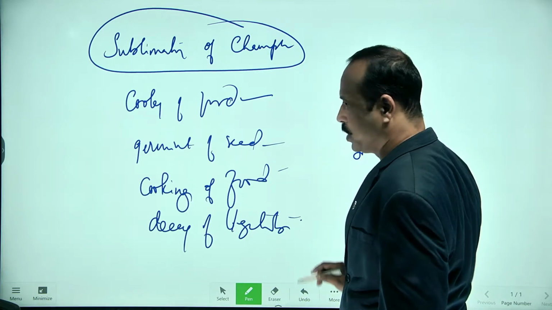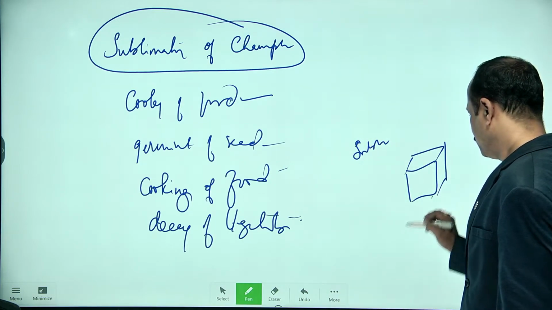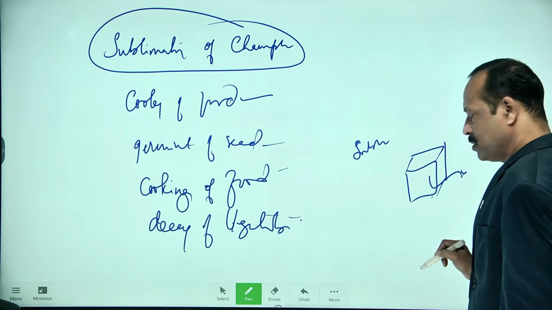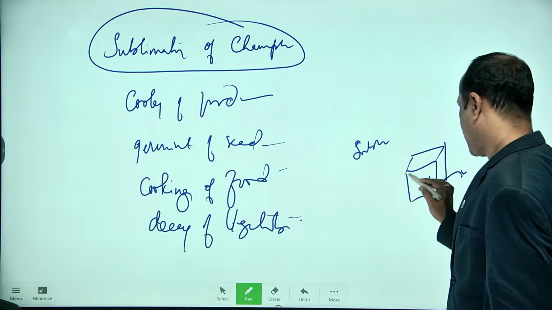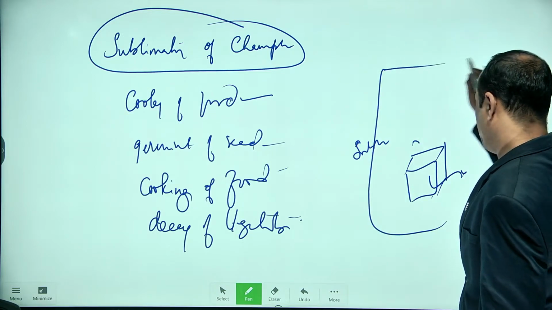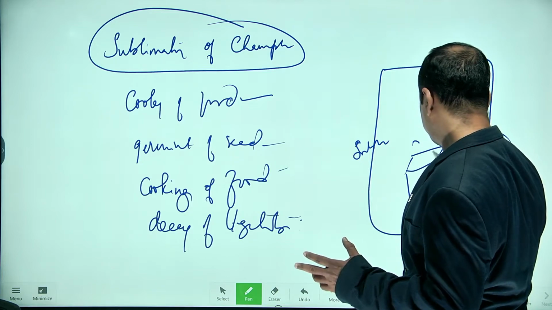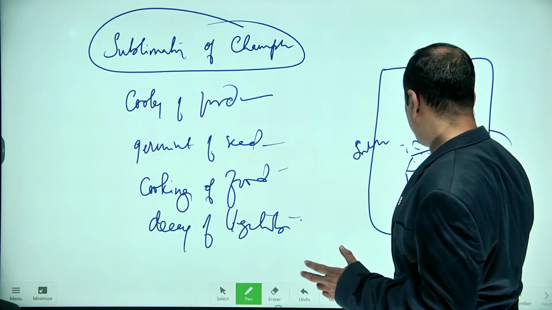Sublimation of camphor means what? If you put the camphor in one closed vessel, completely packed vessel, so what happens if some air is there? It will get converted into the gas.